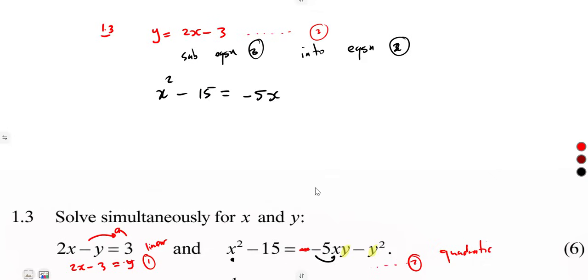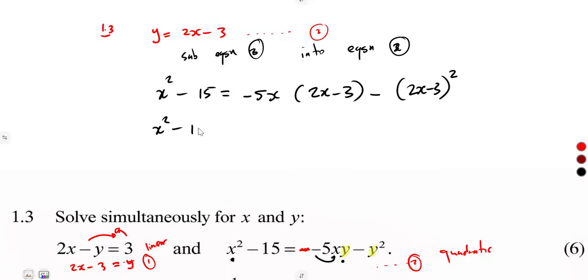And y is represented by 2x minus 3, so we must open a bracket for that. So that's 2x minus 3 minus y squared. So that's minus y is 2x minus 3, but this is squared. So this is our quadratic equation that we are left with.